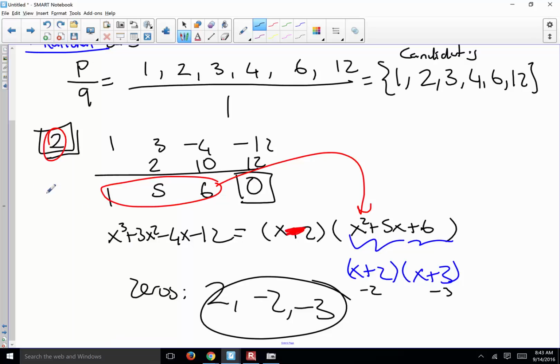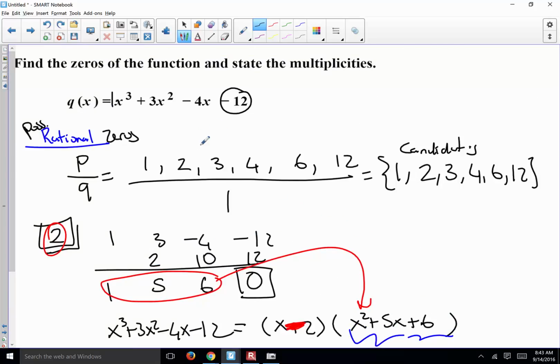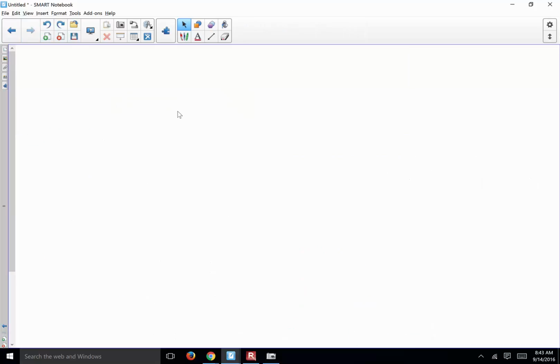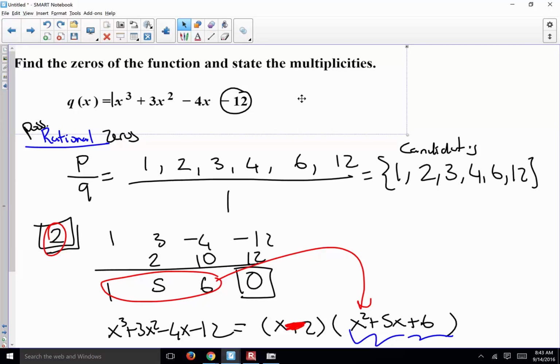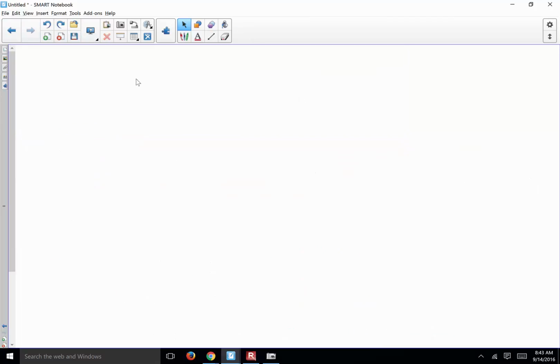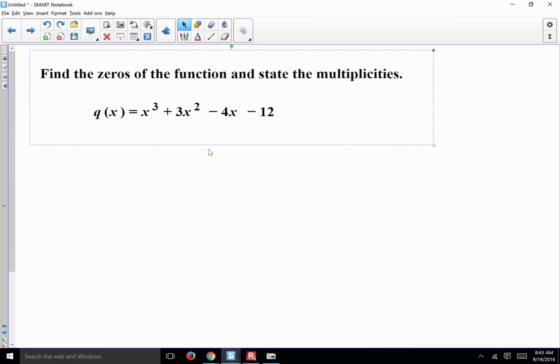Okay? How else could you solve this? This is the long way. If you're good enough to factor this manually, this can be factored with 2 by 2 grouping.